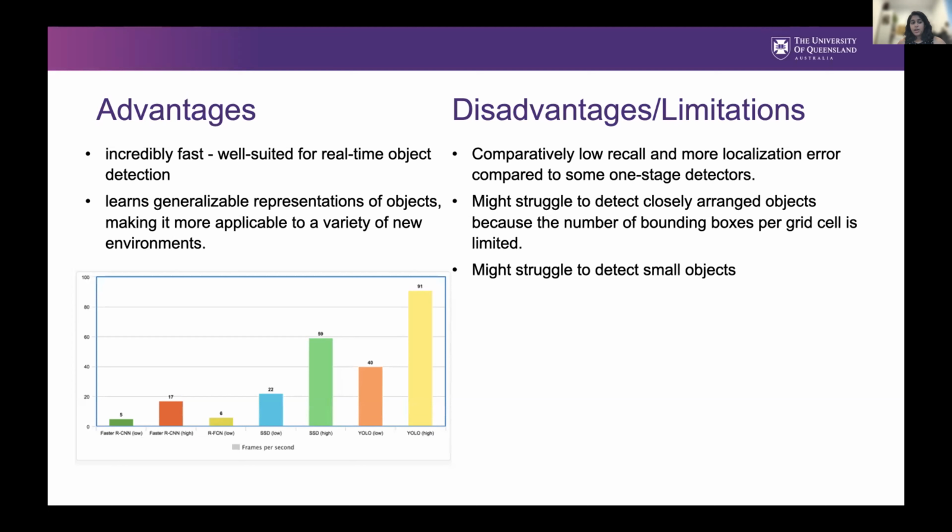Even though we can shift this number of anchor boxes around, it's sort of limited a little bit. And because of this, it might struggle to detect small objects, or images that have a very cluttered set of objects, and so on. But I've seen that there's a lot of research work happening in these areas as well to improve these.